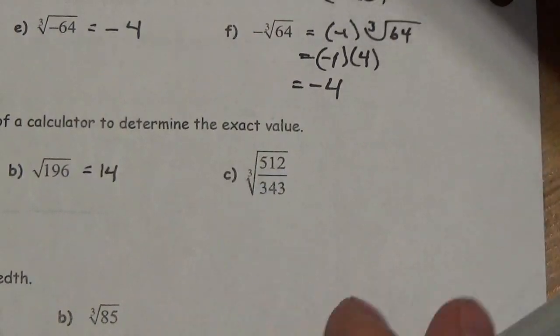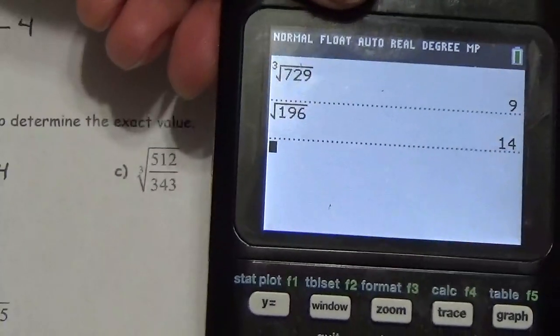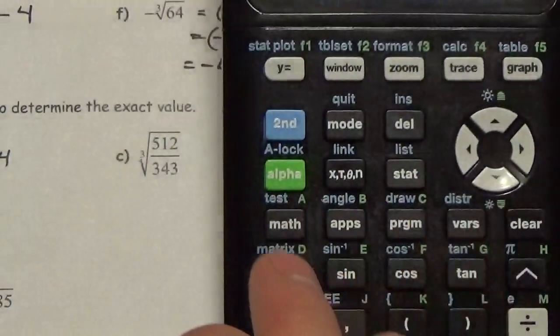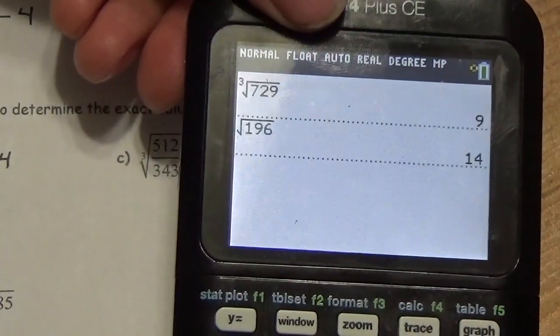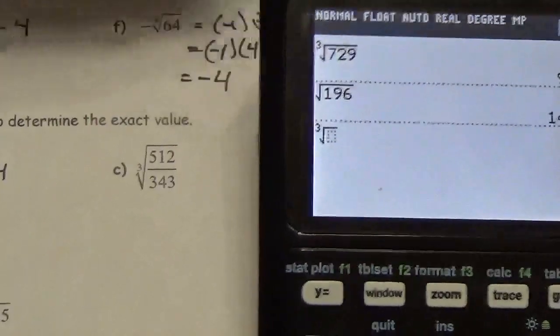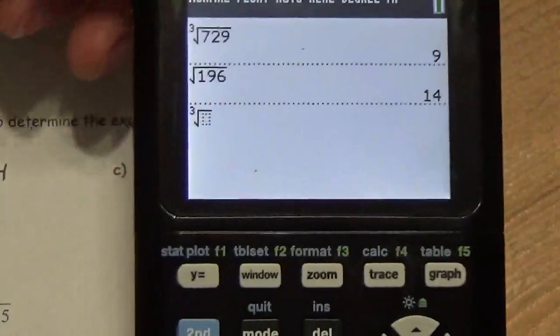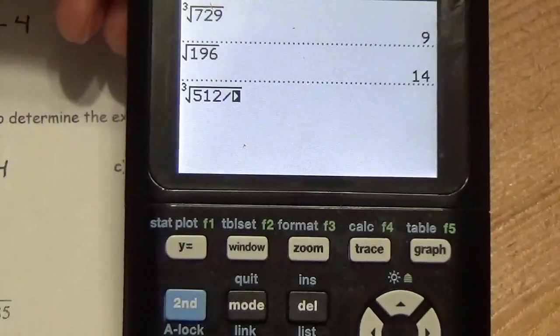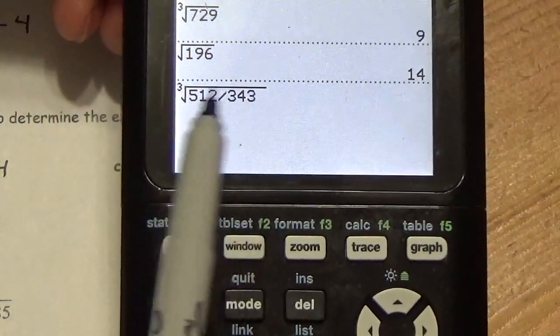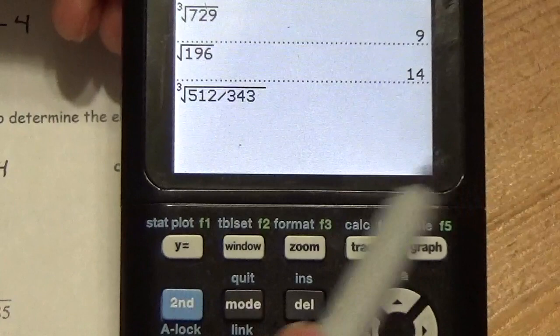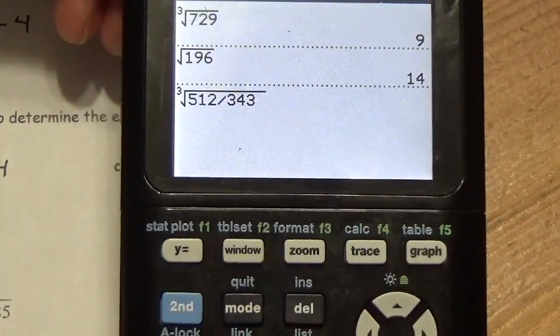Okay, we're back to the cube root again. So I'm going to press my math button, go down to my cube root, and now it's 512 divided by 343. I want to make sure that's all underneath that radical symbol, that bar there, because remember, that bar implies a set of brackets around that.